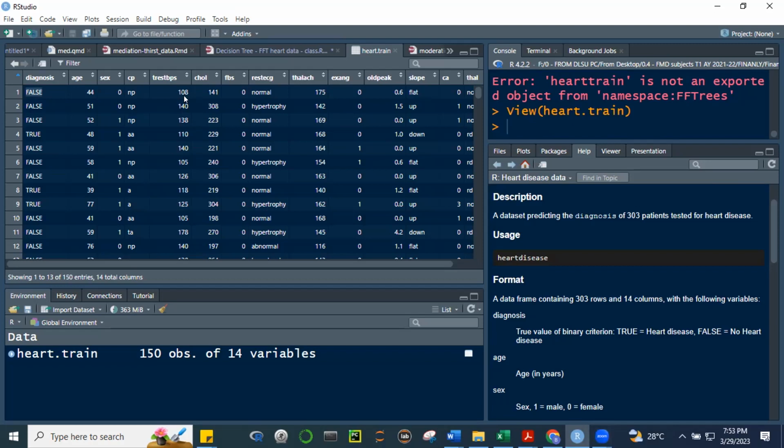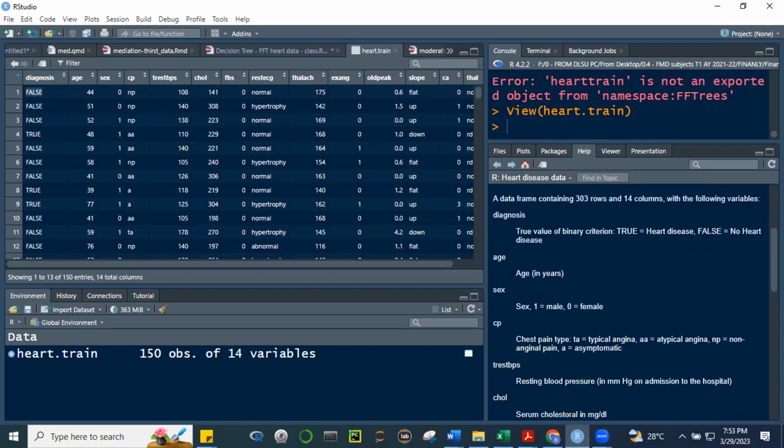Resting blood pressure, okay? 108, etc. So ito yung mga details. Now, ang diagnosis ng doktor is false, ibig sabihin zero, ibig sabihin no heart disease. Okay? Pag one siya, pag true siya, may heart disease. Okay, so let's do that.